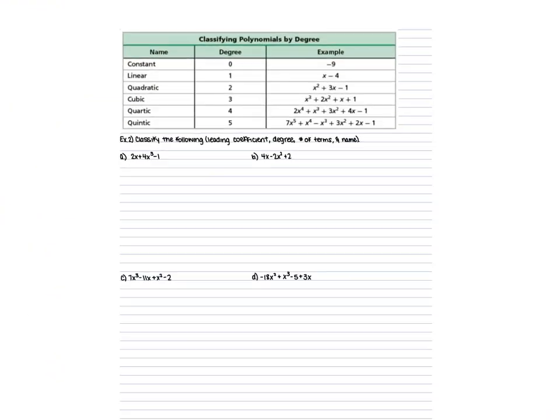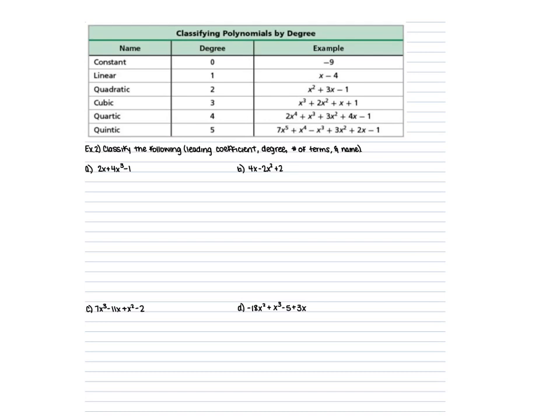If we look at our next set of examples, we are using this table here. You have different names for these polynomials. So we're classifying the expressions by giving the leading coefficient, the degree, the number of terms, and the name. If we look at example A, we have 2x plus 4x cubed minus 1. So we want to put this in standard notation or standard form.